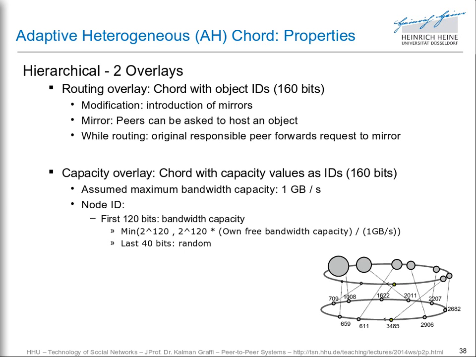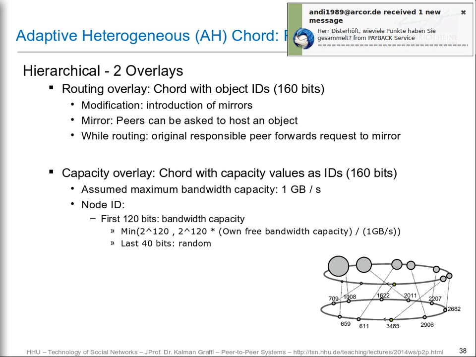Okay, and the second overlay is the capacity overlay. This is used to find a mirror node if your node is overloaded, which covers the bandwidth needs. So the second overlay is like another Chord ring, but the peer ID is different.